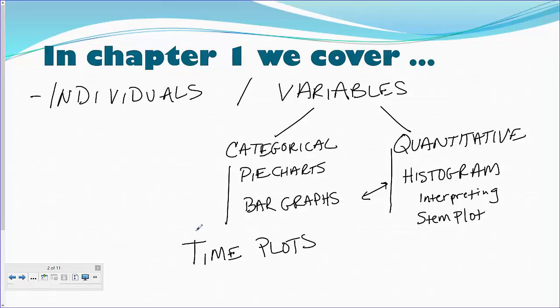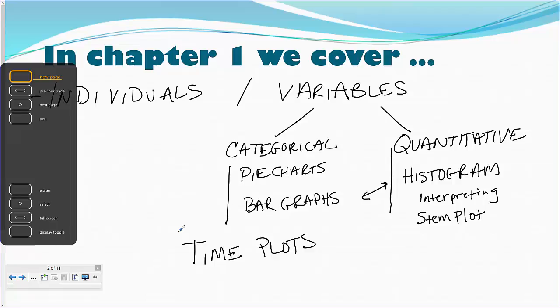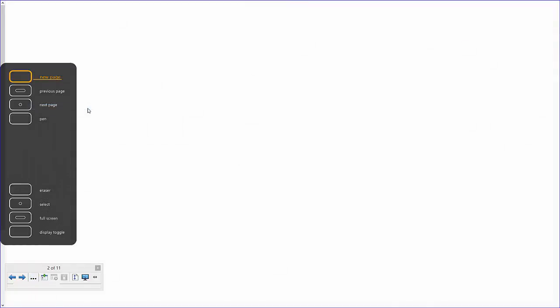So in this first one, let's go ahead and take a look right away at what individuals and variables are. When we're taking a look at this, an individual really is the object that we are going to be studying.